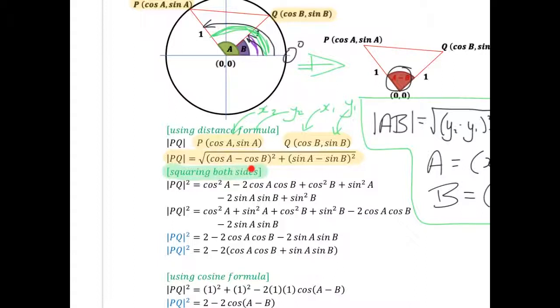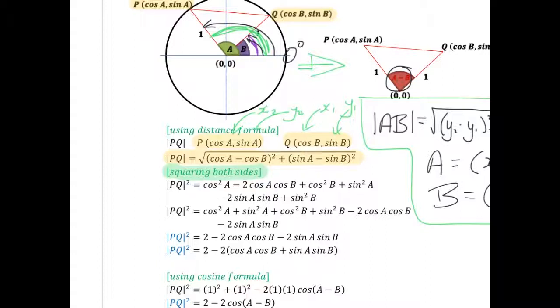So this cos A minus cos B squared, and the sin A minus sin B squared, to get this long equation here. And then we're just going to have to arrange some things around.